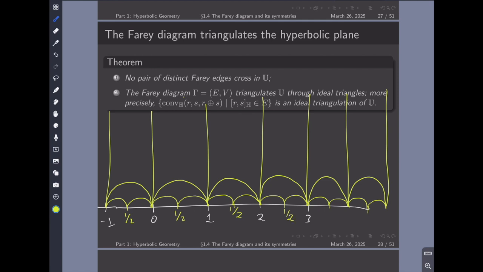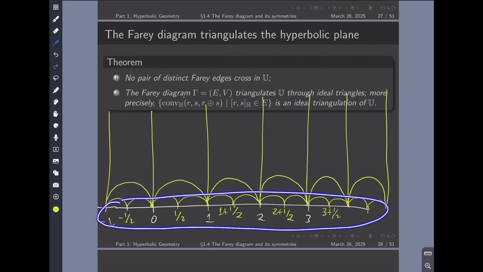It's not 1/2, sorry, it's 1 plus 1/2, 2 plus 1/2, 3 plus 1/2, etc. But my point is that at least after the first recursive step, we do have F2.